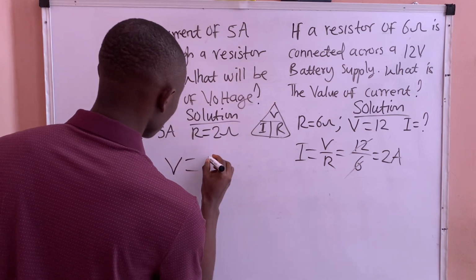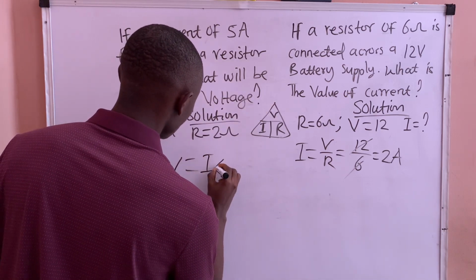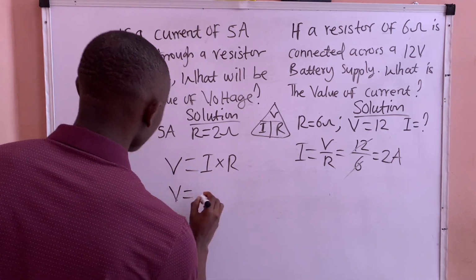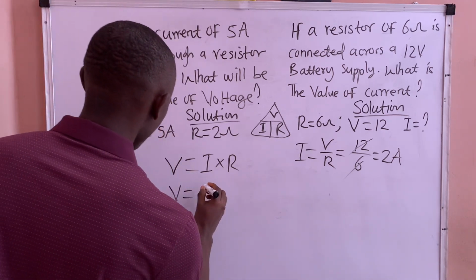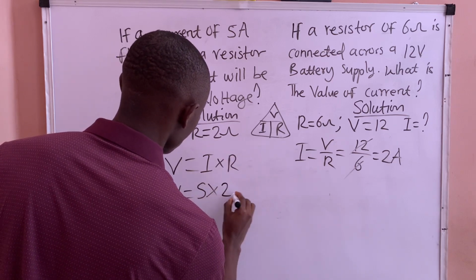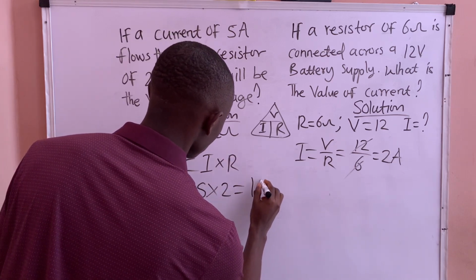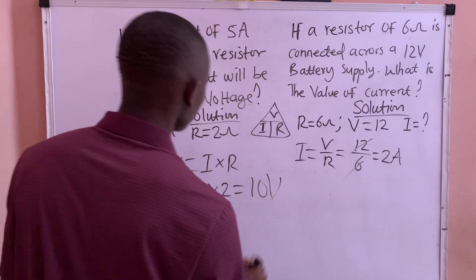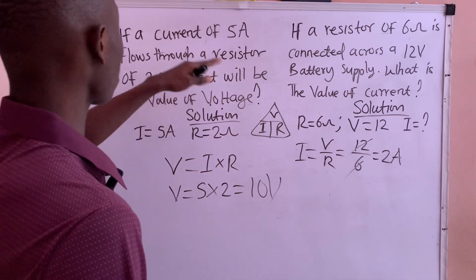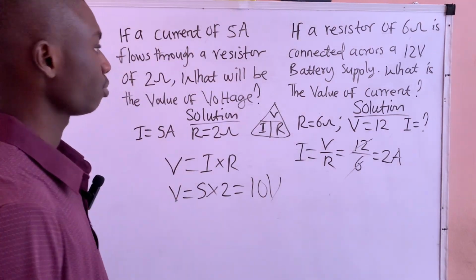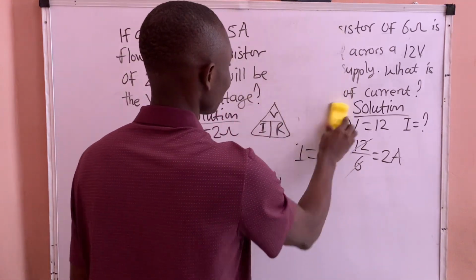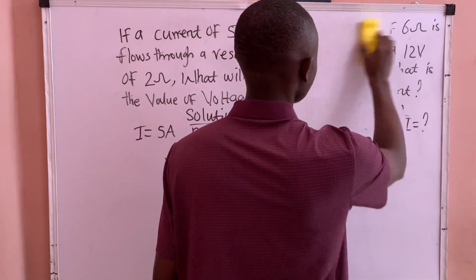I'm seeing the product of current multiplied by resistance. So the value of voltage V will be equal to I, which is 5, multiplied by the resistance, which is 2. So the value of voltage is 10 volts. So 10 volts flows across the entire circuit.